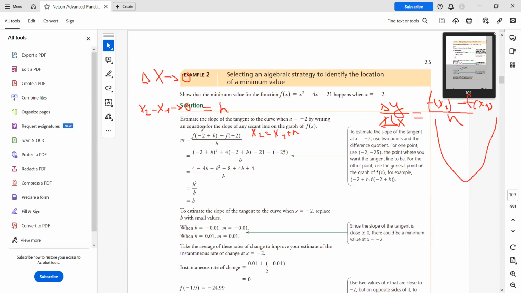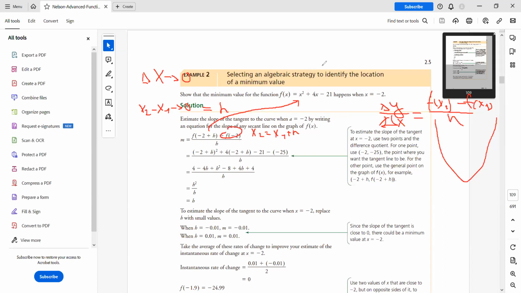Now we have to substitute -2 plus h into our parent function instead of x. So how are we calculating it? x squared will turn into (-2 plus h) squared, plus 4x will turn into plus 4 times (-2 plus h), minus 21, right?